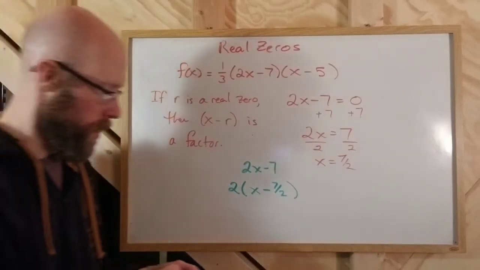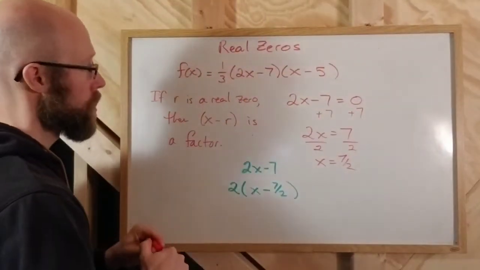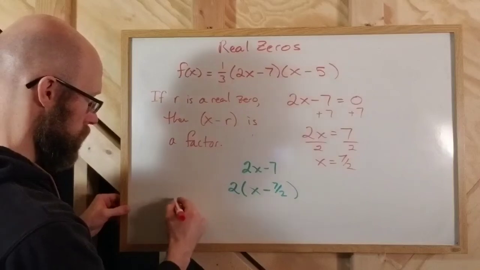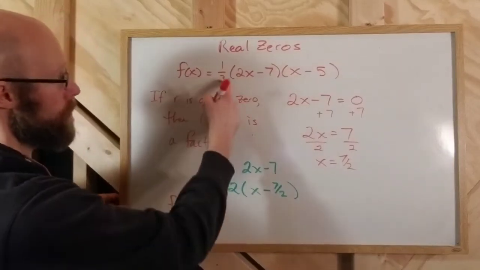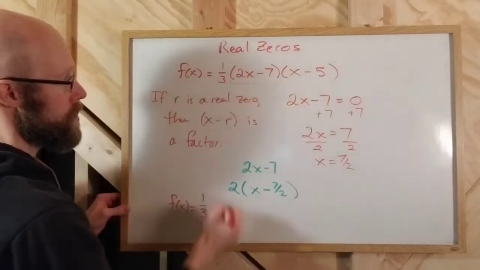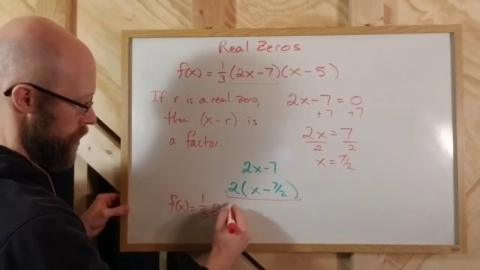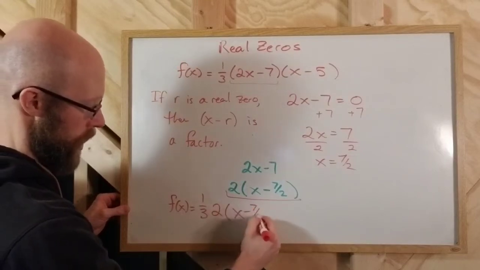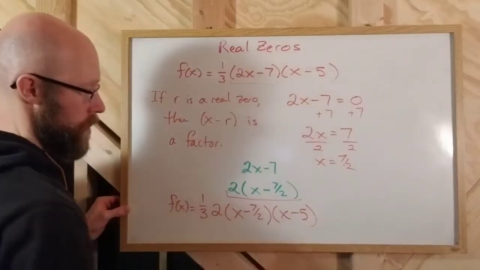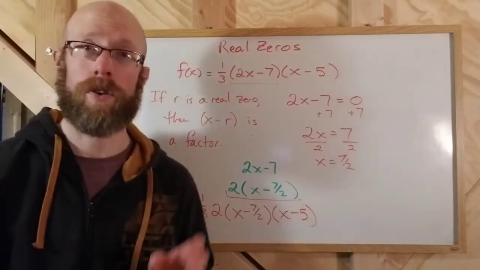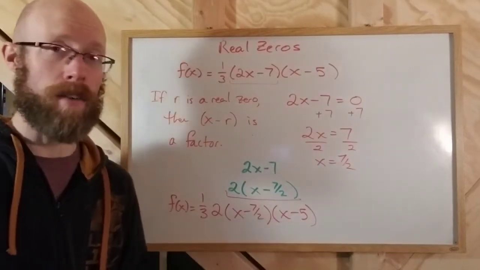And so my equivalent form of that polynomial, I could write it as f of x equals 1/3. Now instead of 2x minus 7, I'm going to write it as 2 times x minus 7/2, and then I have the x minus 5. So my real zeros in this case are the 7/2 and the 5.